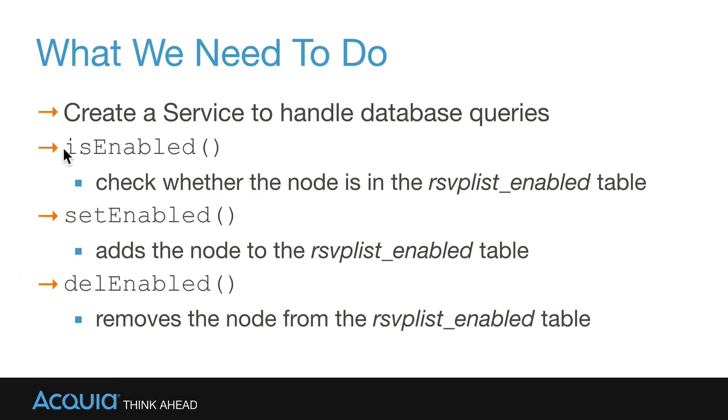So check to see if it is, set it as enabled if it isn't, and uncheck it if it is not supposed to be used. These are what's called wrapper functions. We'll define them in our .module file, and we use this to save time. We write the query once, and we can use it over and over. Keeps our code clutter-free.